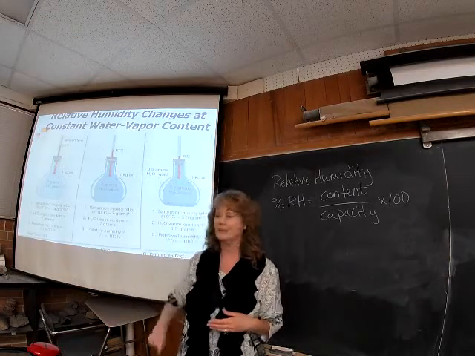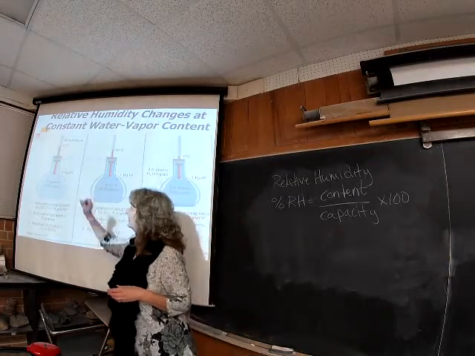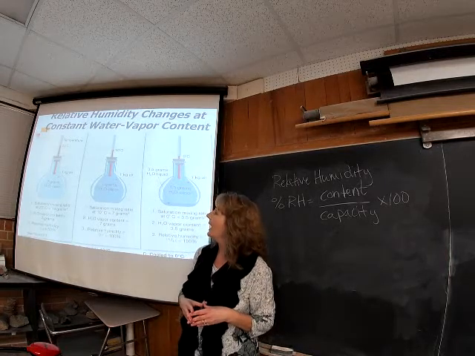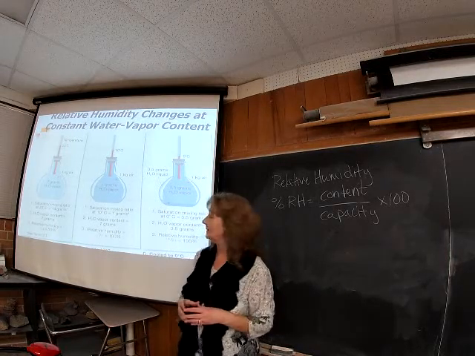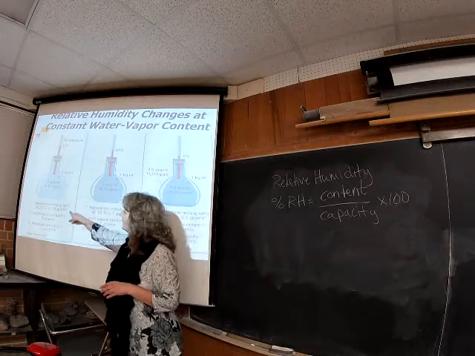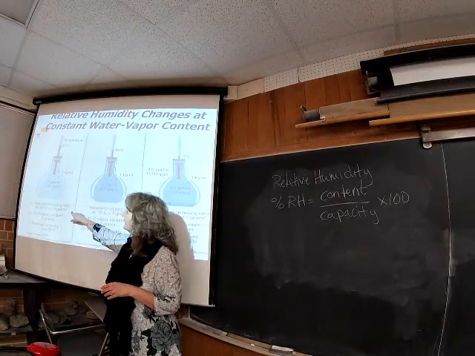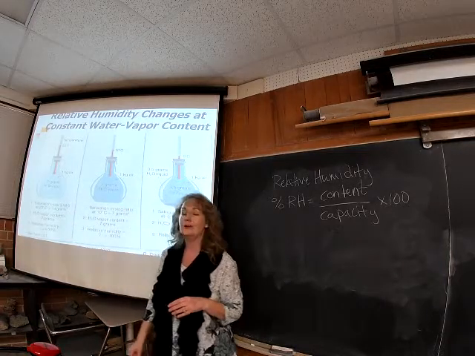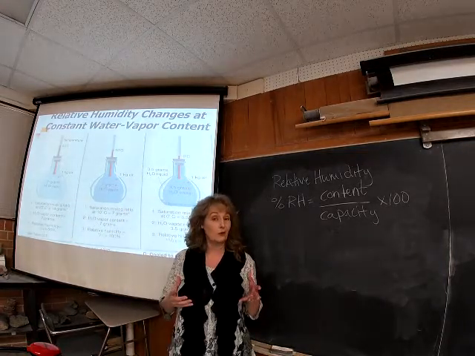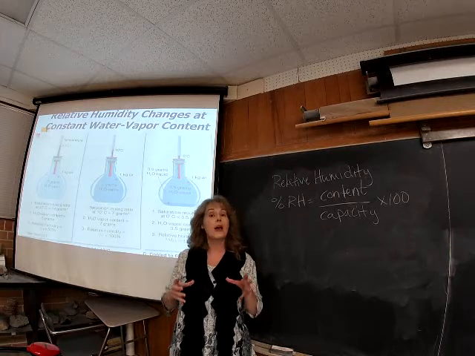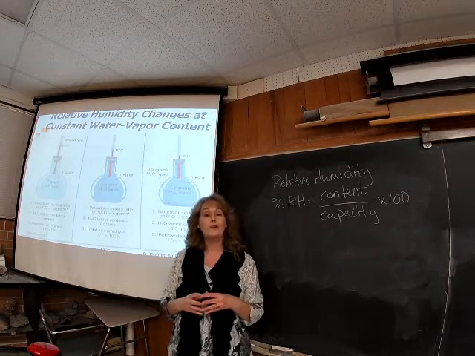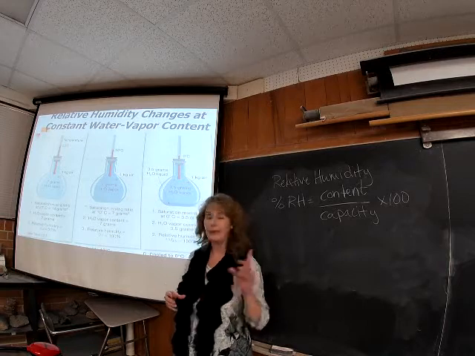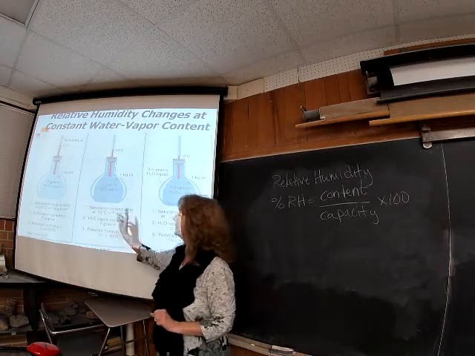It's 7 grams of water vapor per kilogram of air in that flask, in the first one. And so at 20 degrees Celsius, the water vapor capacity, that saturation mixing ratio, is 14 grams. It can hold, at 20 degrees Celsius, 14 grams of water vapor per kilogram of air. That's what its capacity is at that temperature.